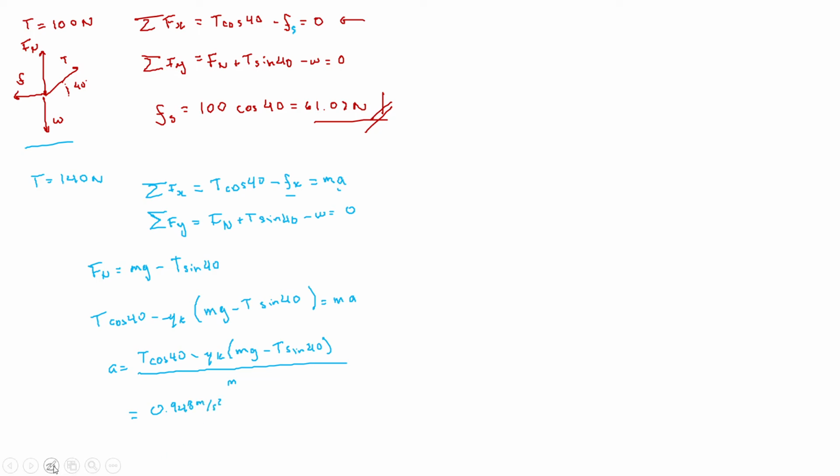Okay, so from here, I can just plug this value in this equation and solve for Fk. So Fk is gonna be equal to the tension cosine of 40 minus mass times acceleration.